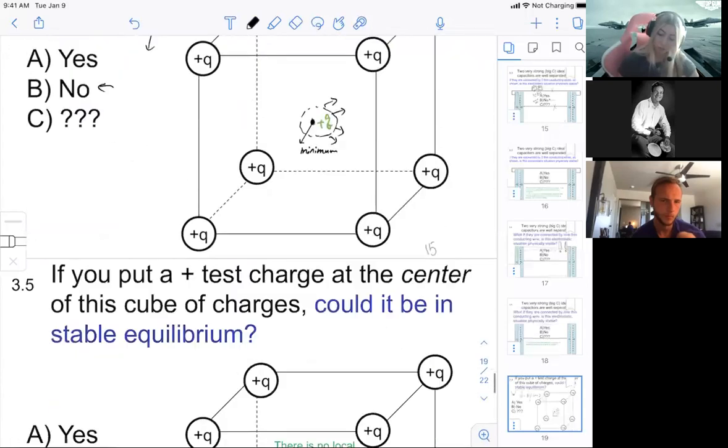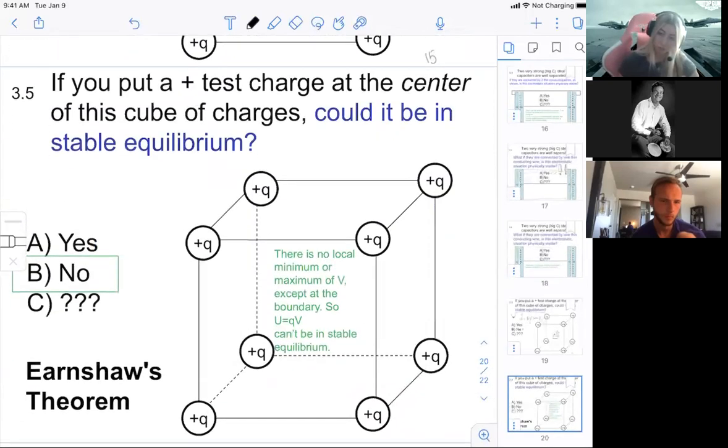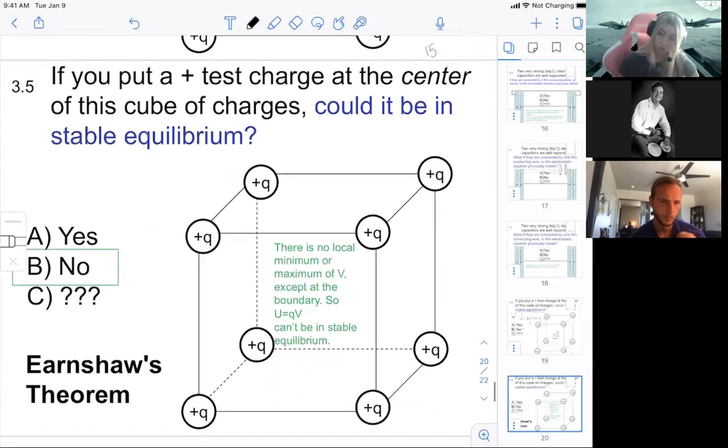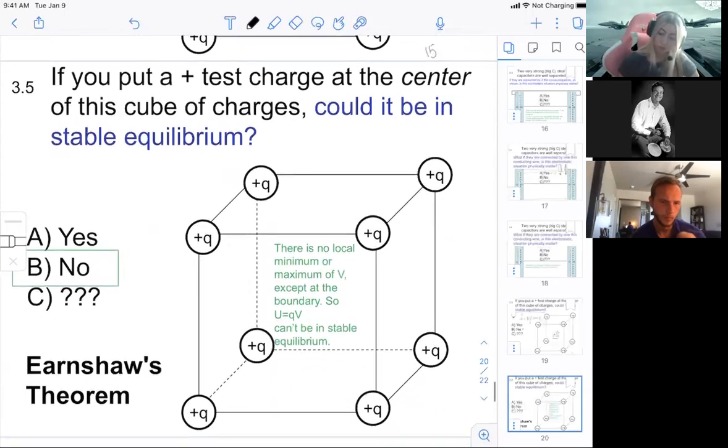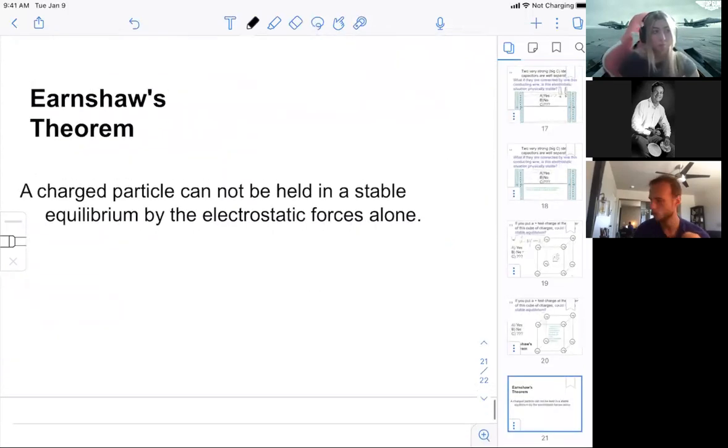And that is what we call Earnshaw's theorem, saying that you cannot have a stable equilibrium for a charged particle by the electrostatic forces alone. Given Earnshaw's theorem, it's really interesting how crystals are stable, which tells us that quantum mechanics matters.